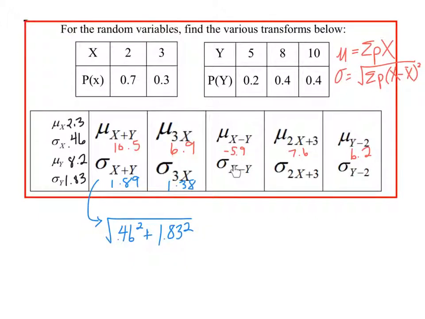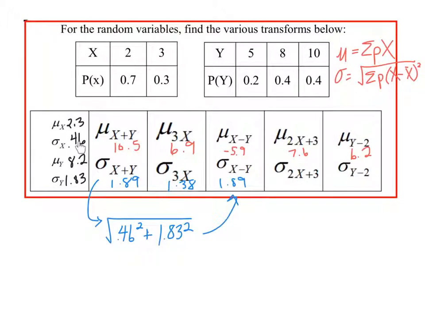Subtracting deviations. Whenever we combine random variables together, we increase the chance for variability. So it's actually the same exact formula and answer. It's still 1.89. We should never be subtracting our variances. Here, obviously doubling our deviation changes it.